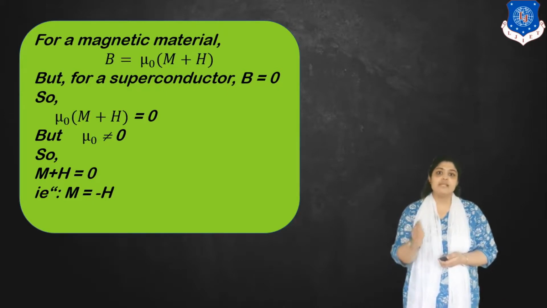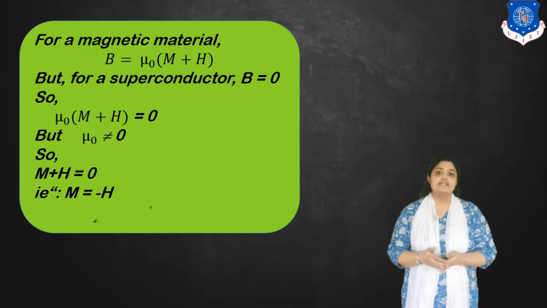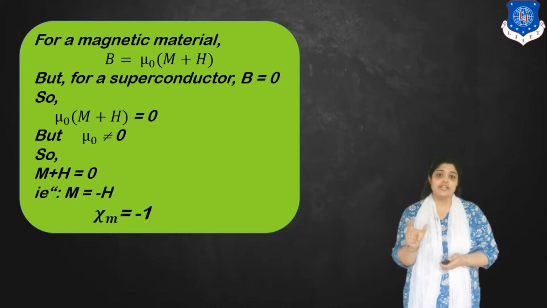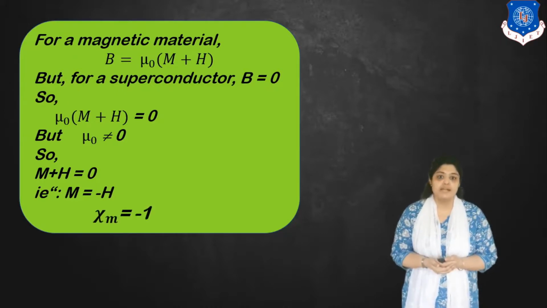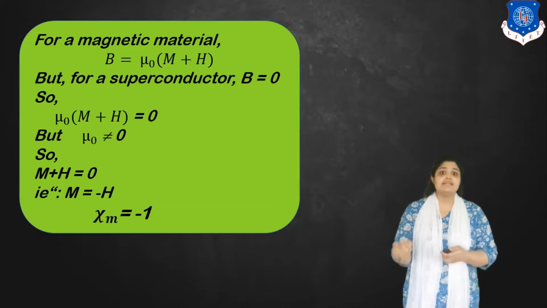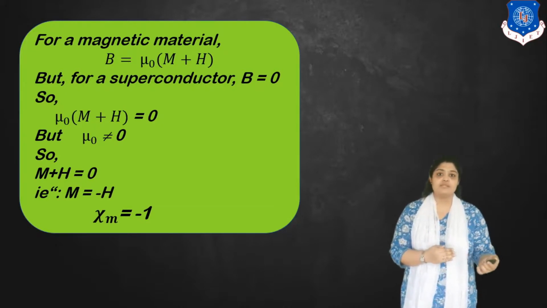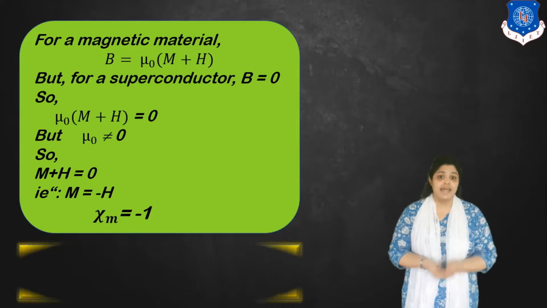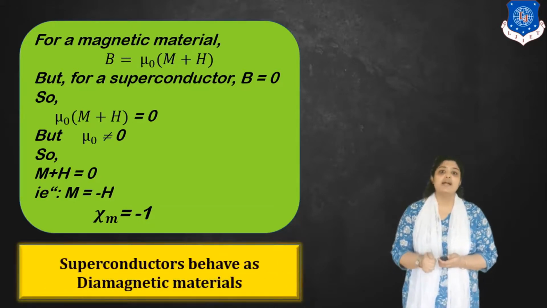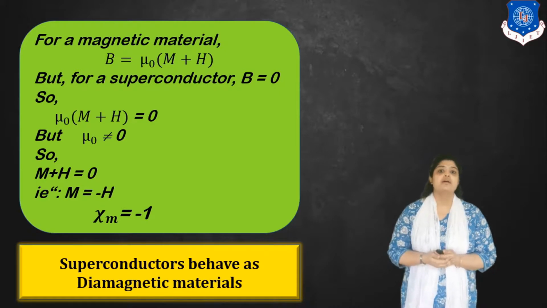So if M is equal to minus H, we can say that the ratio M by H, chi, is equal to minus 1. Now this magnetic susceptibility equal to minus 1 is for diamagnets, and hence we say that superconductors behave as diamagnetic materials.